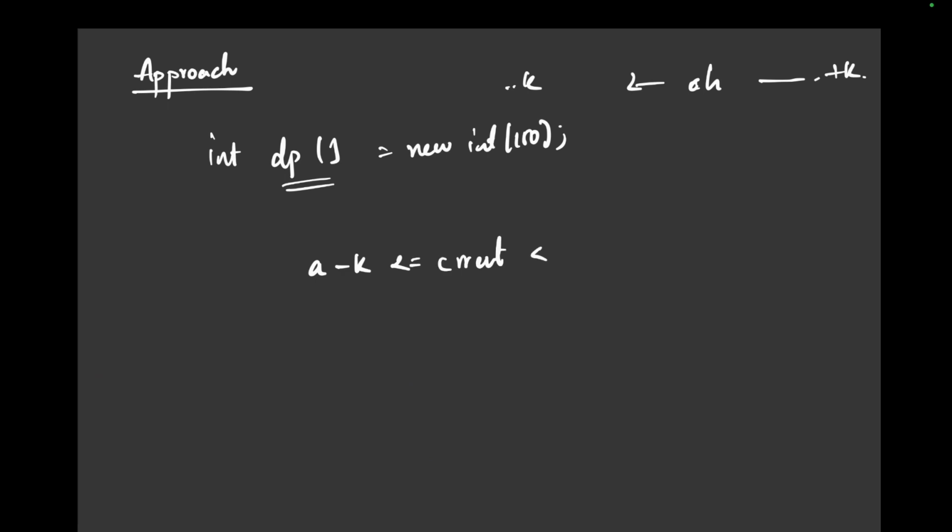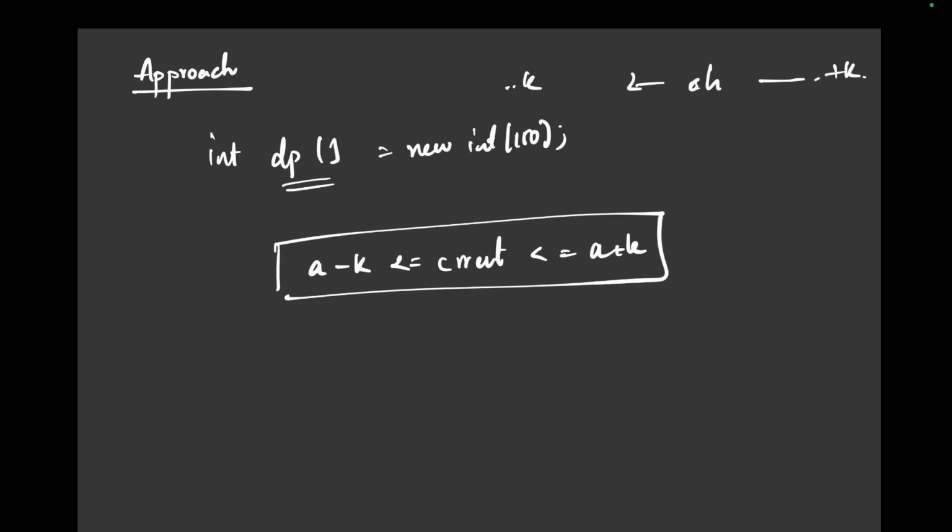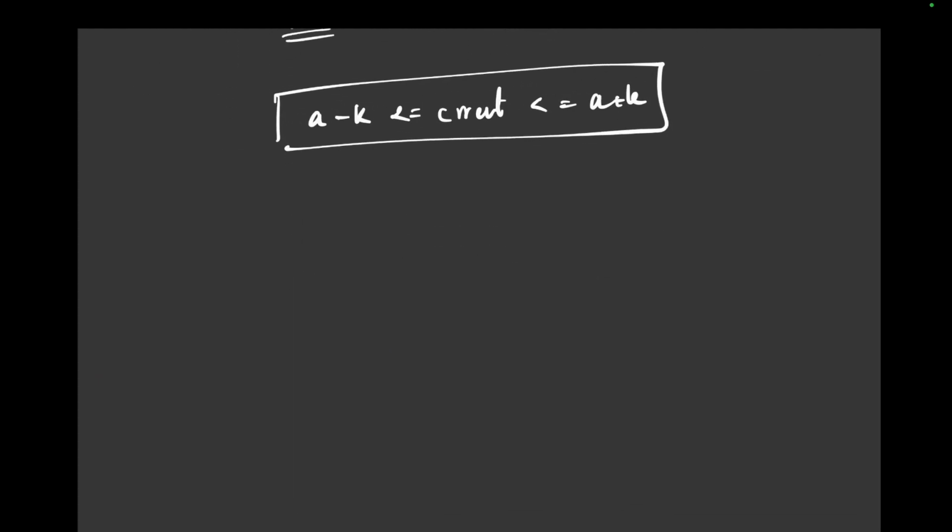And we'll go till a plus k. We have these choices, and out of these choices, I'll store this particular current value in the actual character value, the character that you chose, right?